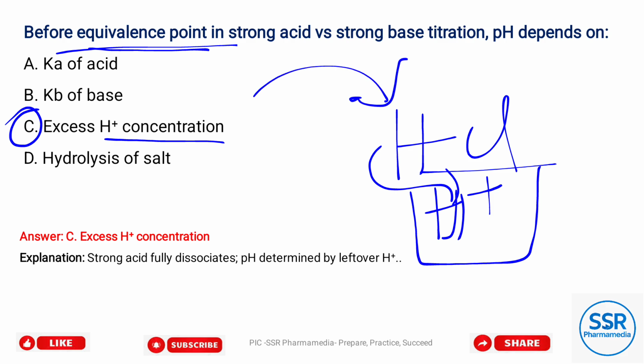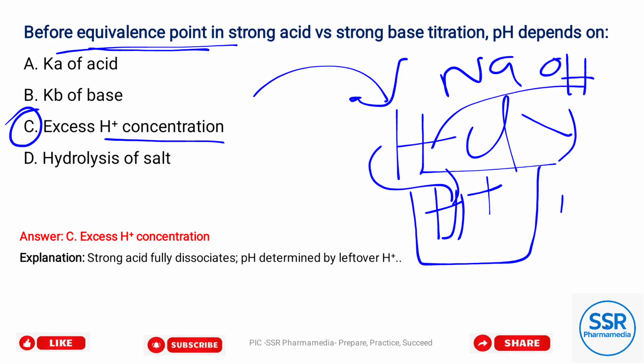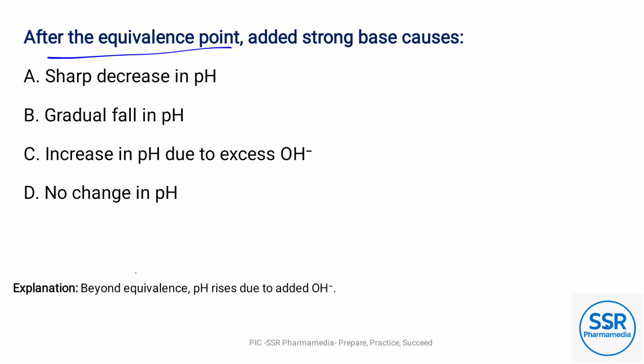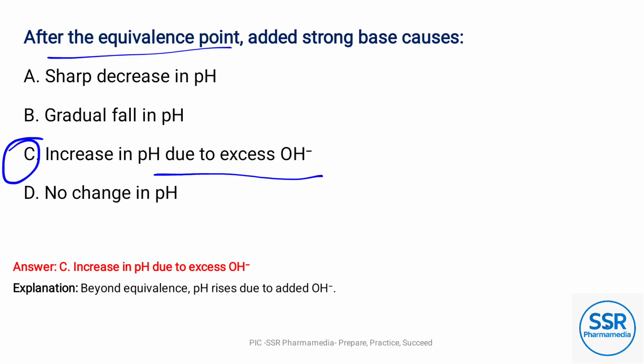After adding NaOH, the OH minus reacts with the hydrogen ion to form water. So the hydrogen ion gets neutralized, and after the end point it goes to alkaline pH because the OH minus ion increases. After the equivalence point, added strong base causes an increase in pH due to excess OH minus ion, that means alkaline pH.